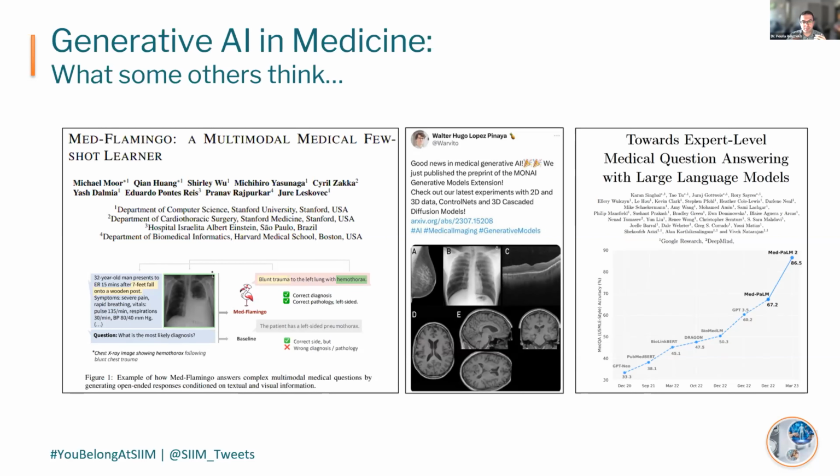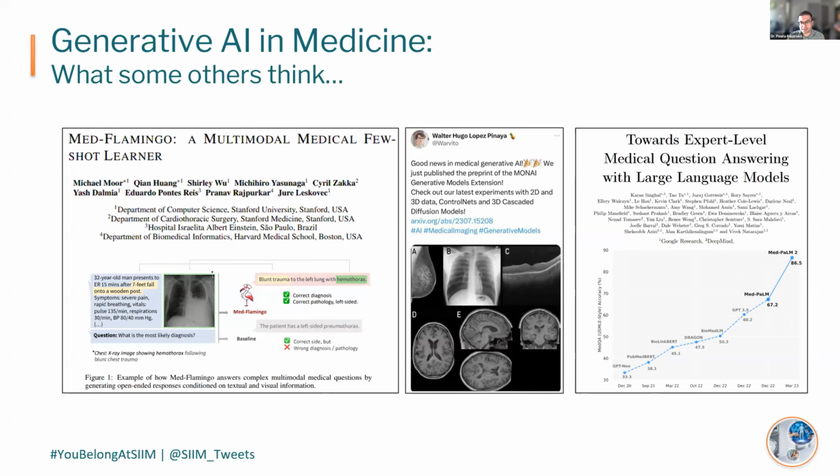I have put some of the recent research papers, tweets or news that I found about generative AI. If you're on Twitter and following the hashtag generative AI, you have probably seen this before, but just to show you a couple of examples, very awesome models and tools came out. The MedFlamingo tool is actually a multimodal medical generative AI that can understand images and text at the same time.